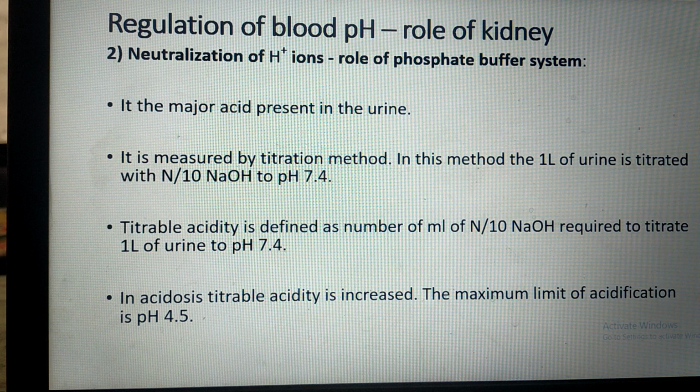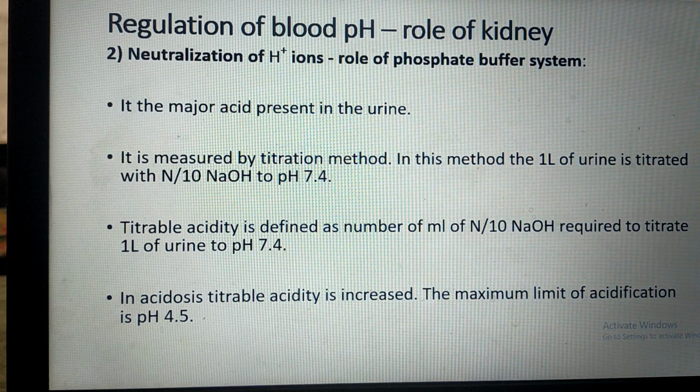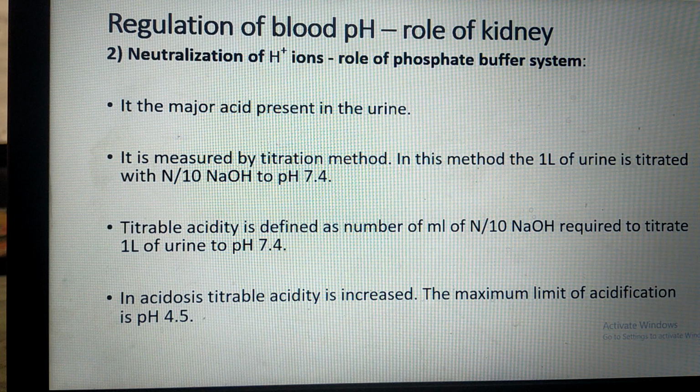Now if you want to measure how much sodium acid phosphate is present in the urine, it is measured by the titration method. For this titration, you have to collect 1 liter of urine of a patient and titrate that urine with the help of N/10 NaOH until the pH 7.4 is achieved. All of us know what titration is. We have to add the N/10 NaOH drop by drop into the 1 liter of urine.